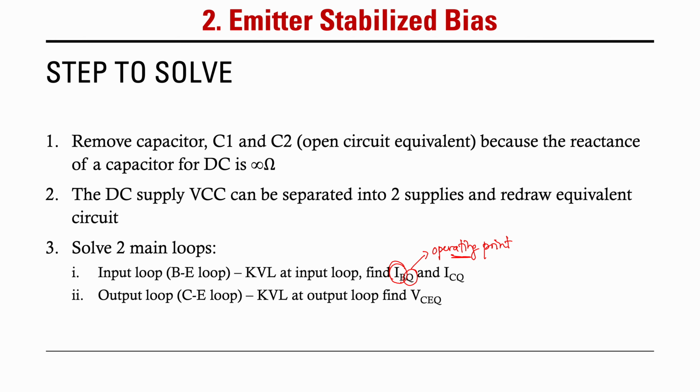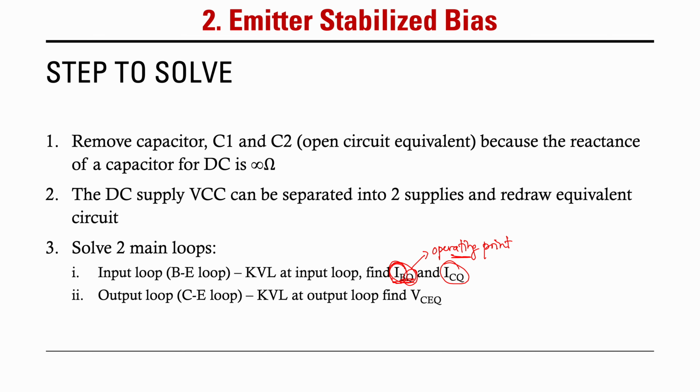So IBQ mentions that on this value of current, your transistor is working. Likewise, since your base current is at a Q point, your collector current will also be at an operating point.